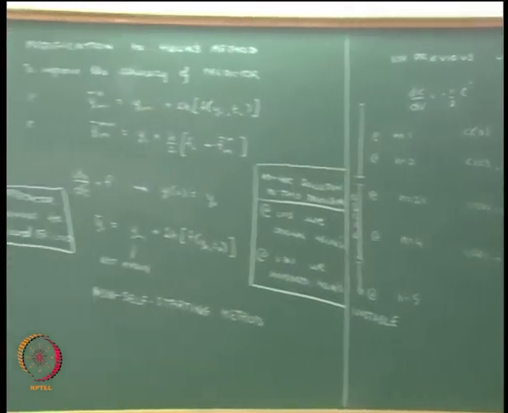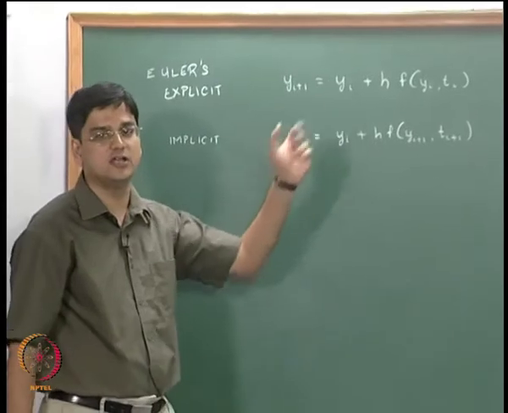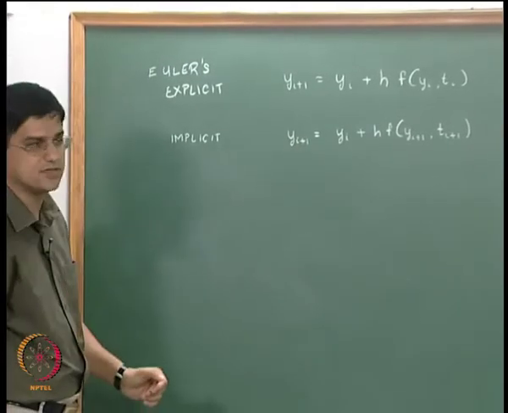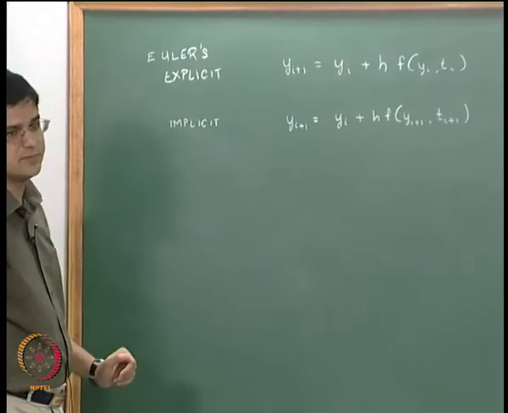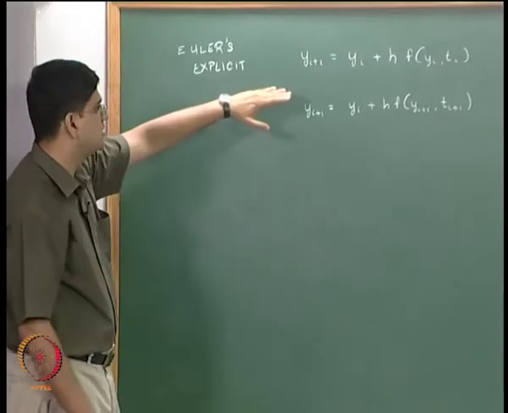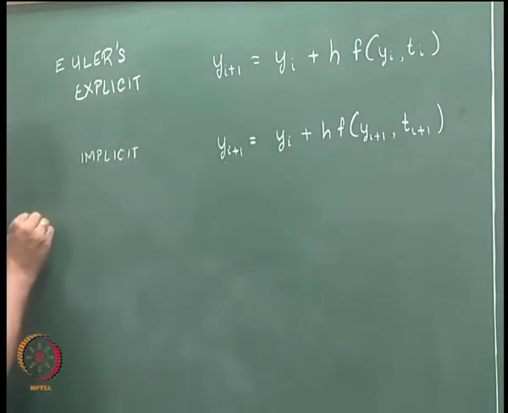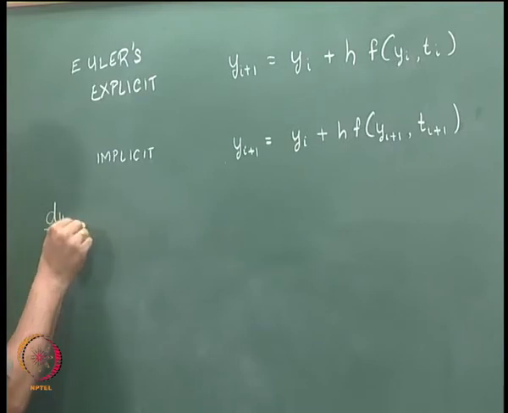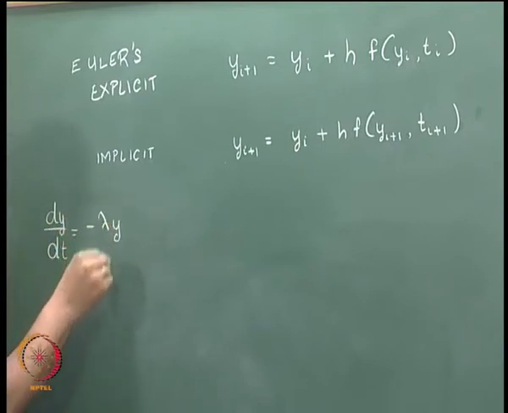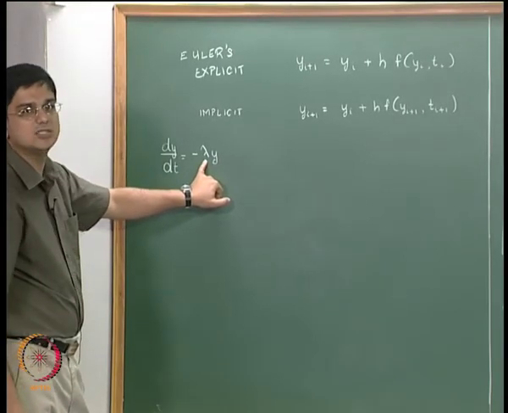So I will go back over here where I had initially written down the expression for Euler's implicit and Euler's explicit methods. The equation that we started off with was of the form dy by dt equal to minus lambda y, where lambda in this particular example was half.